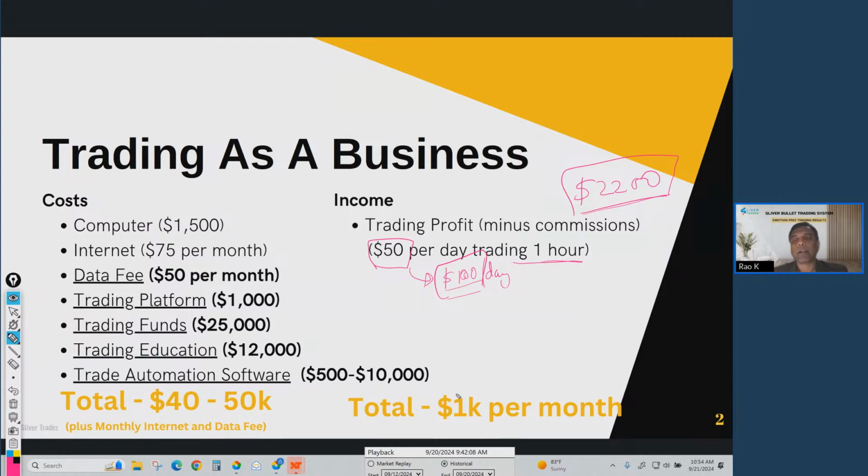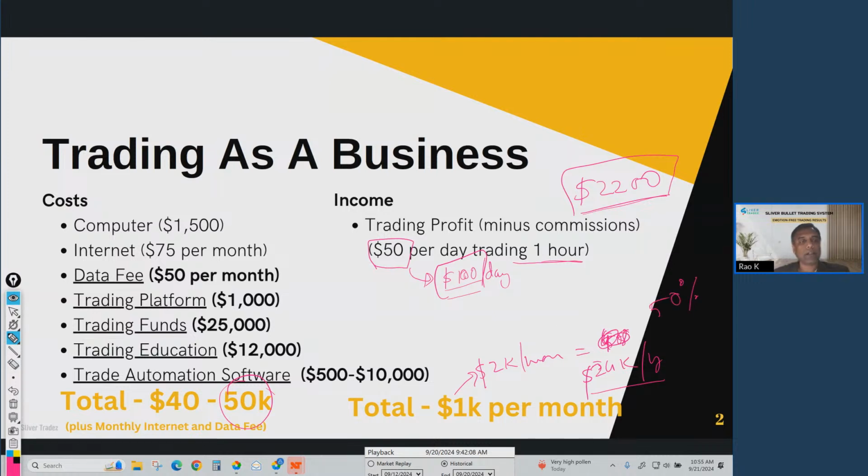What it means is per month I could make 2K now, and with $50,000 of investment, 2K per month, or 24K per year. 24K per year on 50K investment means 50% return on investment.